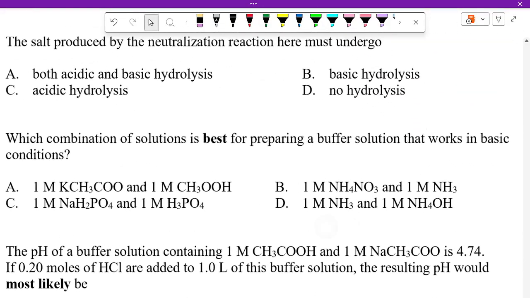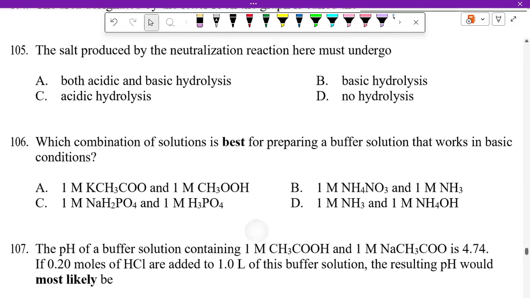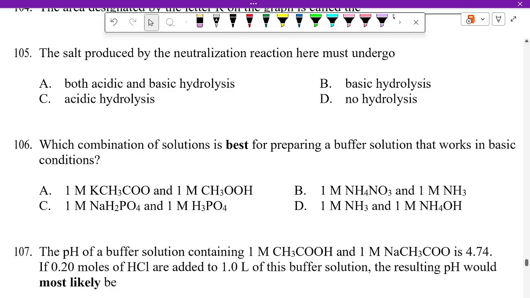106. Which of the following combinations is best for preparing a buffer that works in basic conditions? So what we have here is a weak acid and the salt of its conjugate base. Here we have a weak base and the salt of its conjugate acid.